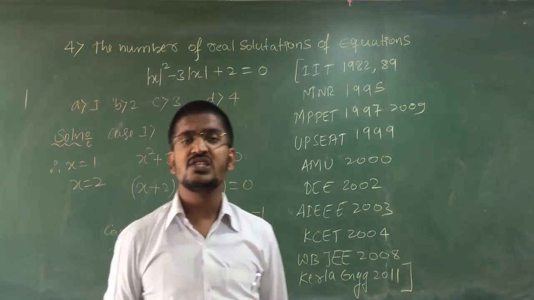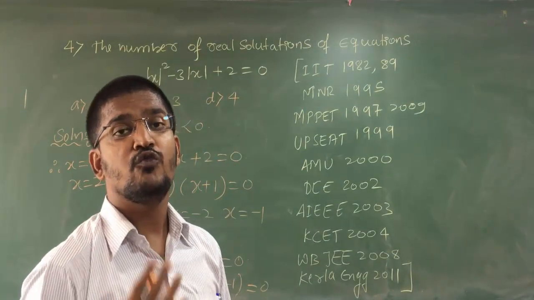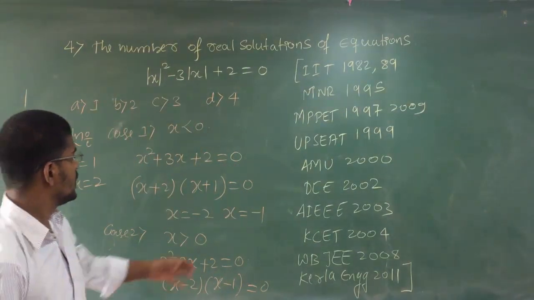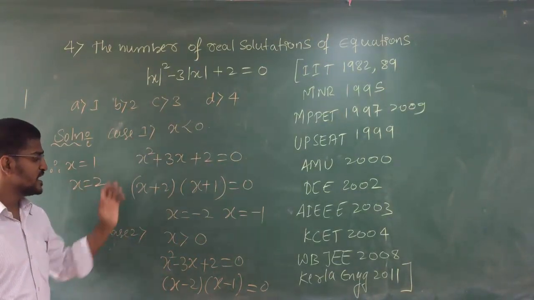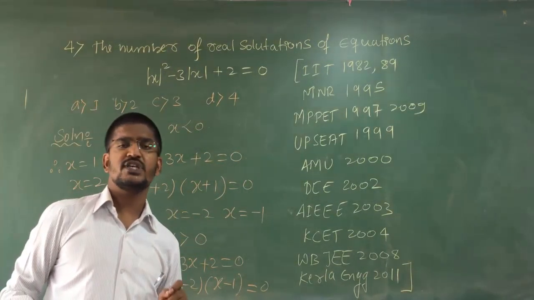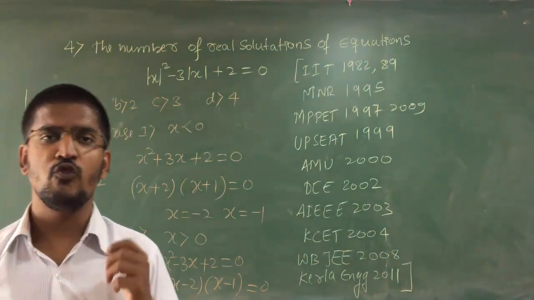So how many answers do you have now? You have 4 answers, because here -1, -2, and here +1, +2 for case 1 and case 2. If you check case 1 and case 2, you will have 4 solutions.